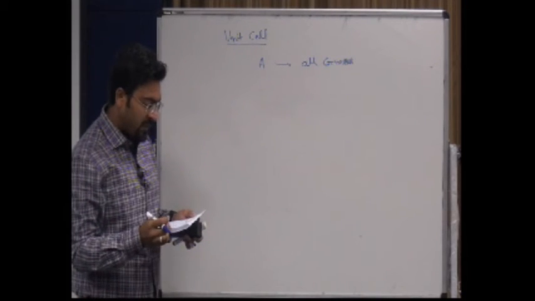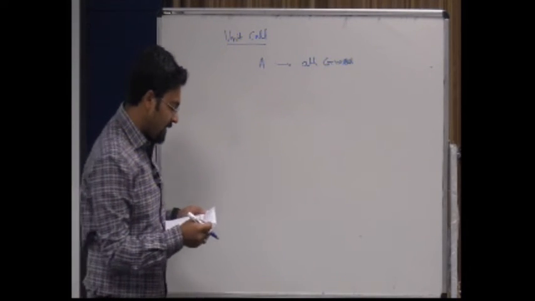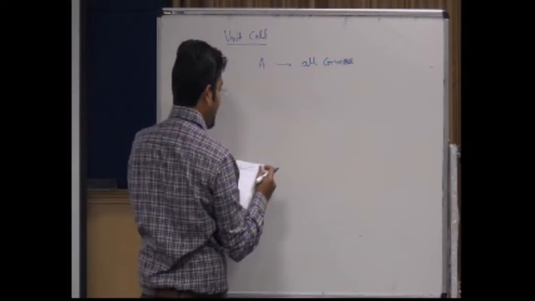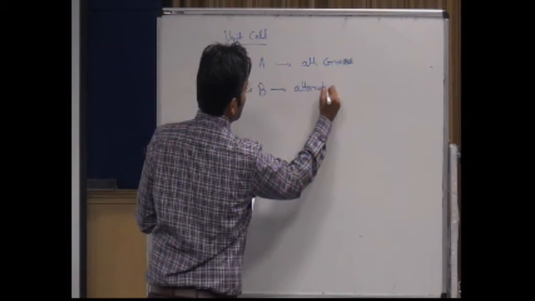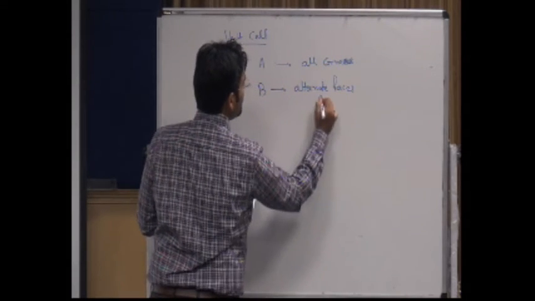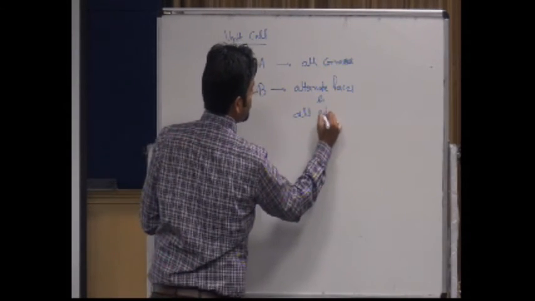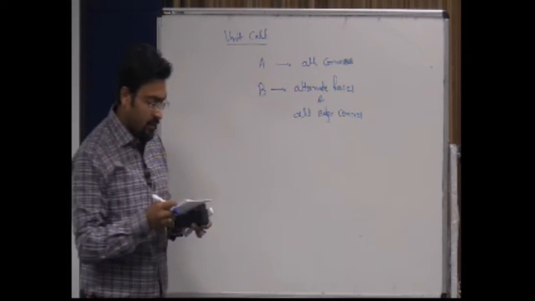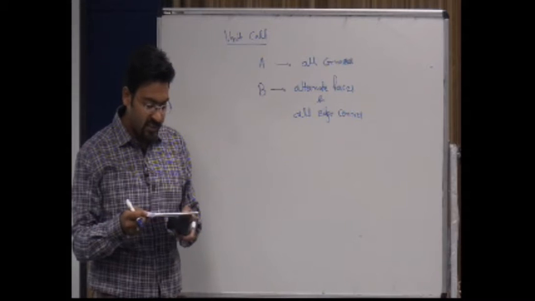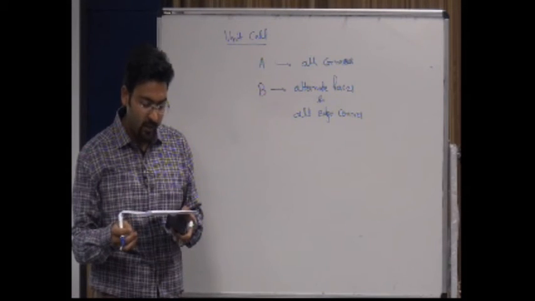The second part is that atoms B are present at alternate faces and all edge centers. Right? Atom C are present at face centers left from B and one at each body diagonal.